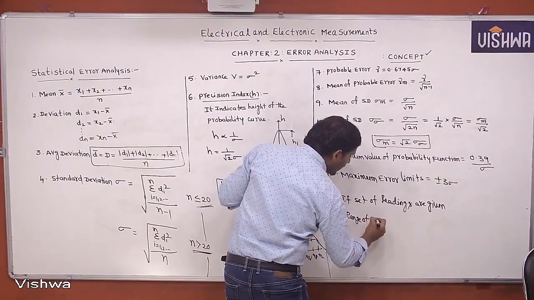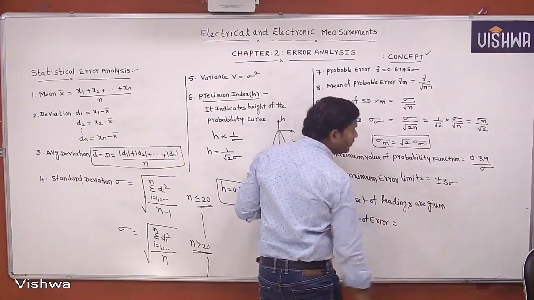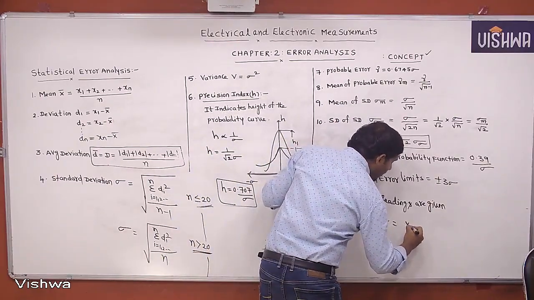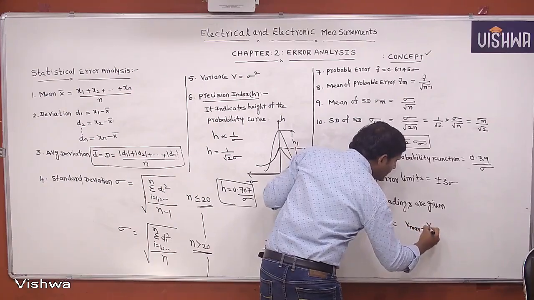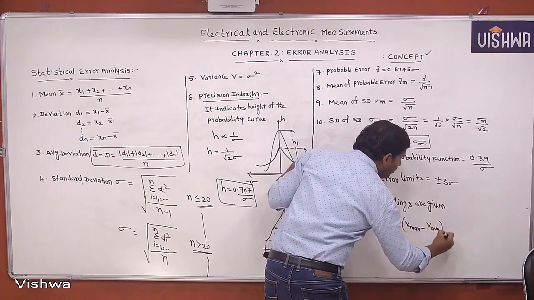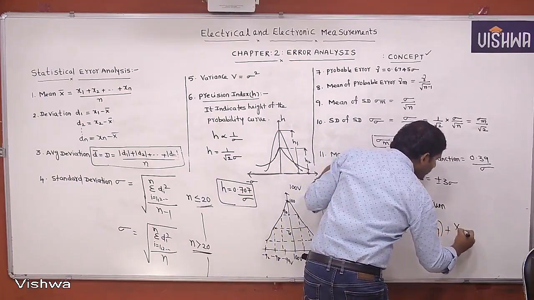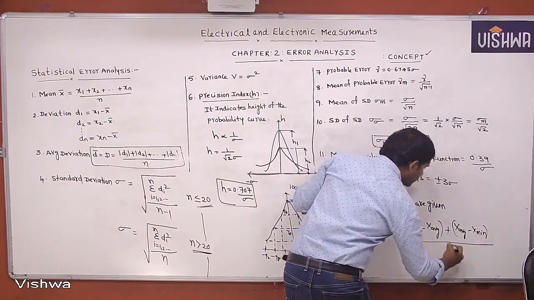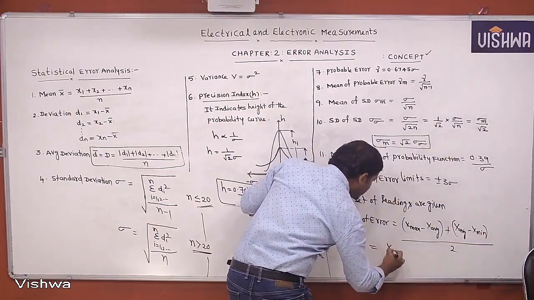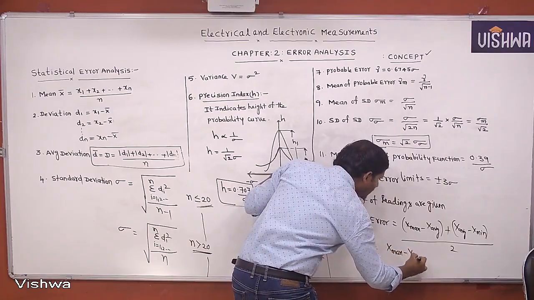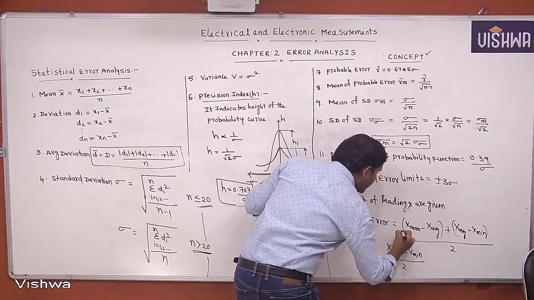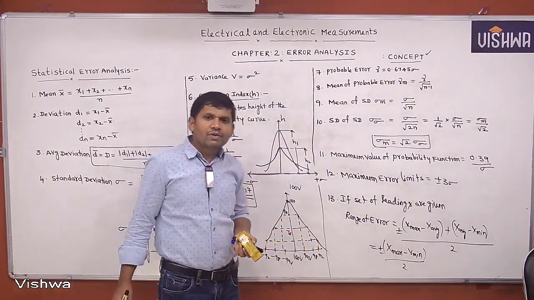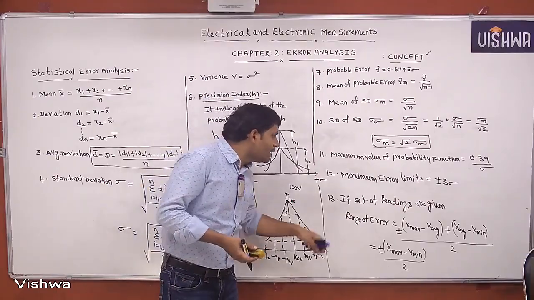You do like this: x maxima minus x average plus x average minus x minima, by 2. Or you can simply write like this: x maxima minus x minima by 2. Error may be plus or minus. This is the range of error if a set of readings is given.